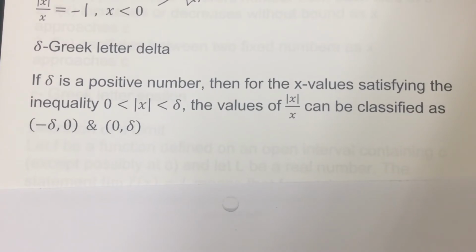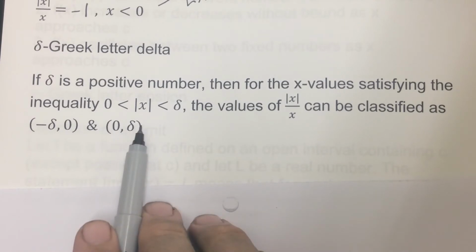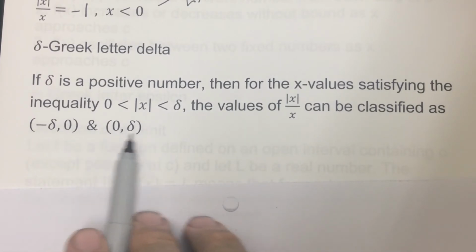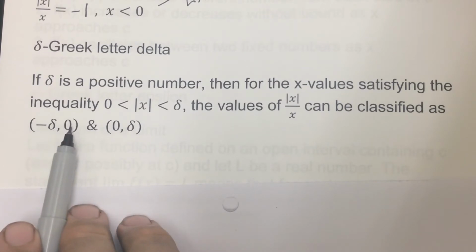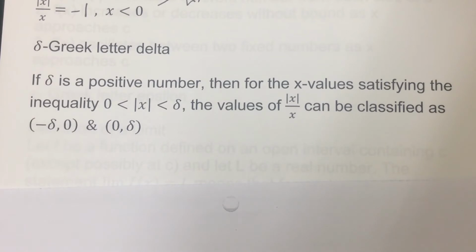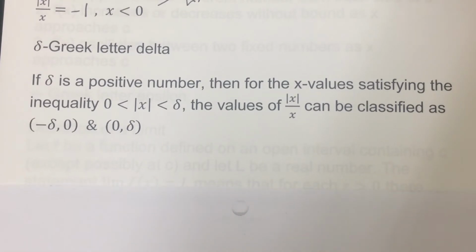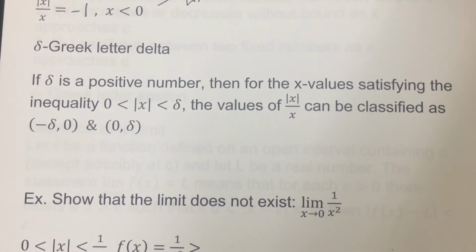This is what it has to be. There's going to be a variance on both sides: from no difference up to the positive delta amount over, and from nothing to negative delta on the left side. We're going to get more into this in a little bit.